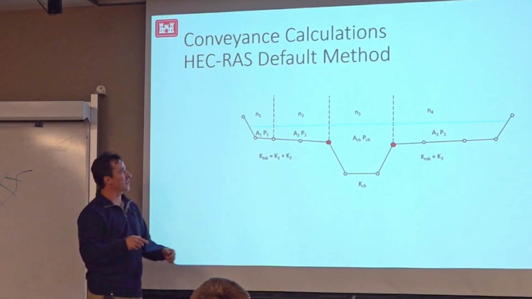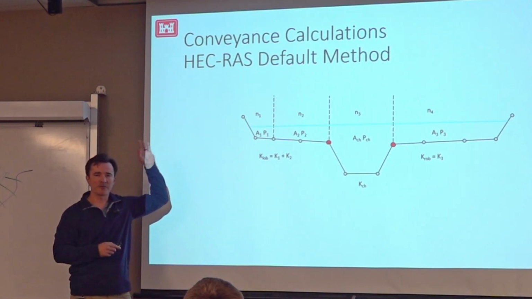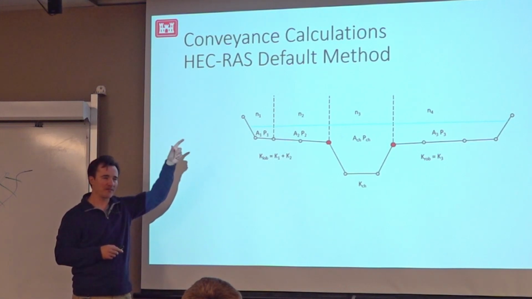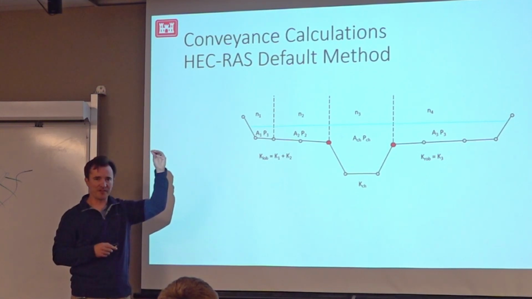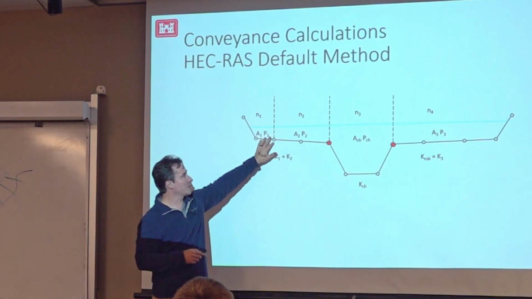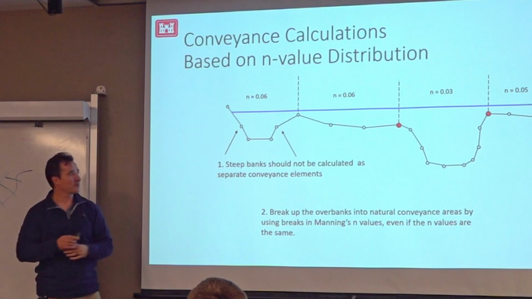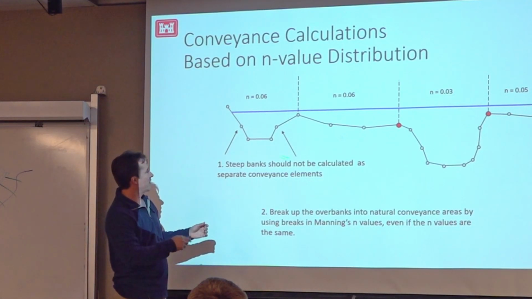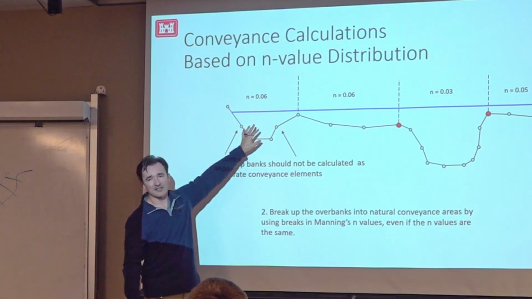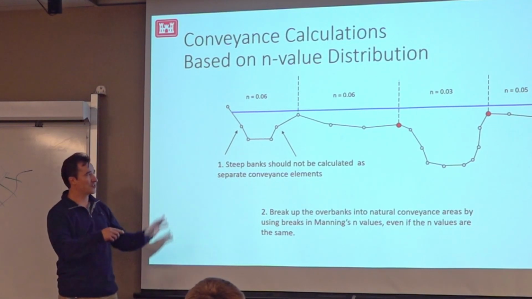What decides that is what the user specifies for the n value, right? If you remember the cross-section editor, it had the station elevation data, and you can also specify the Manning's n. Every time you specify Manning's n, you're subdividing that part of your cross-section into more portions. This is an example where, because there's a break here, the velocity in this section is going to be very different from here, because it's just the geometry, right?